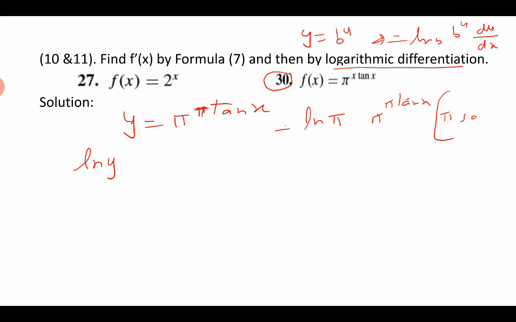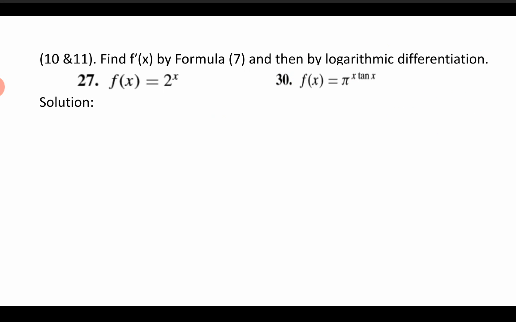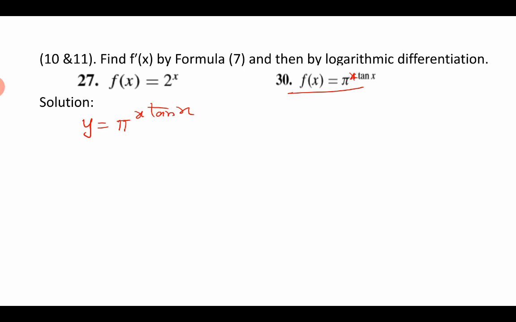Actually this is x and not pi, so I will rewrite the question again. It was glaring actually, I couldn't see. So this is x. Let me solve it again right from the beginning. Y is equal to pi to the power x tan x.